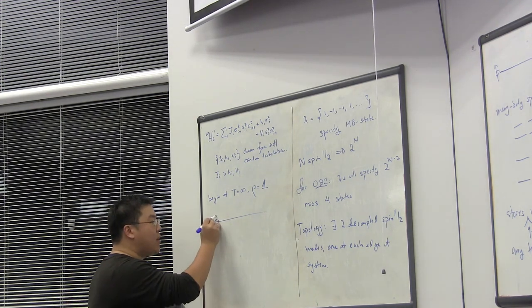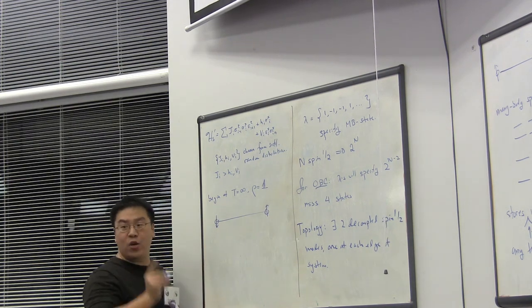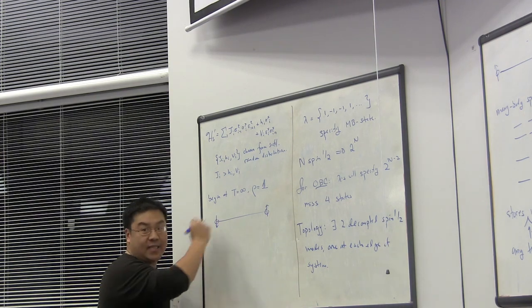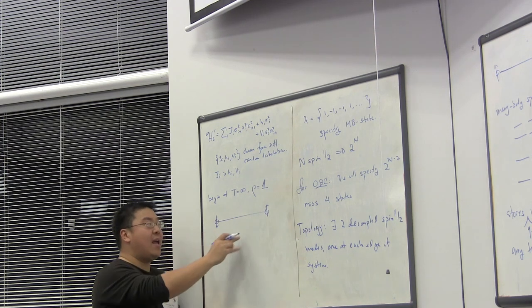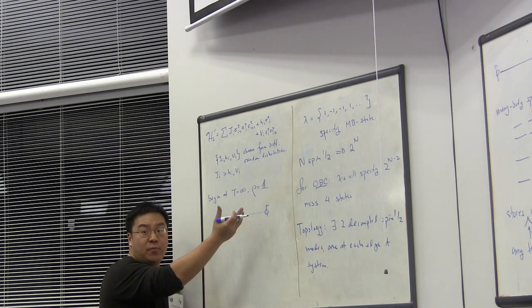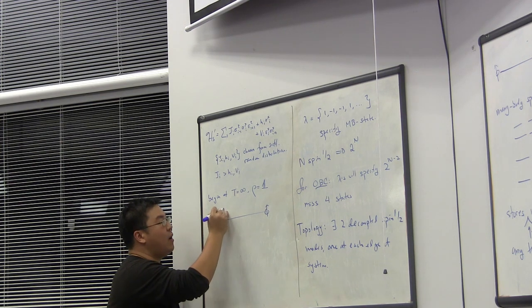You measure the two edges, and you encode information into the edges, but it can be quantum information.